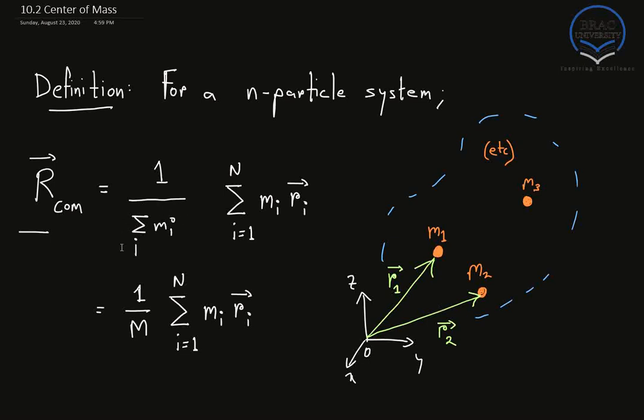The total mass of the system, which we write as capital M, is simply the sum of the individual masses, right? This is simply the definition of our center of mass. As you notice, this is of course a position coordinate. So if we complete this evaluation, we will get some point or some position vector RCOM somewhere here perhaps, and it will have the position vector RCOM.